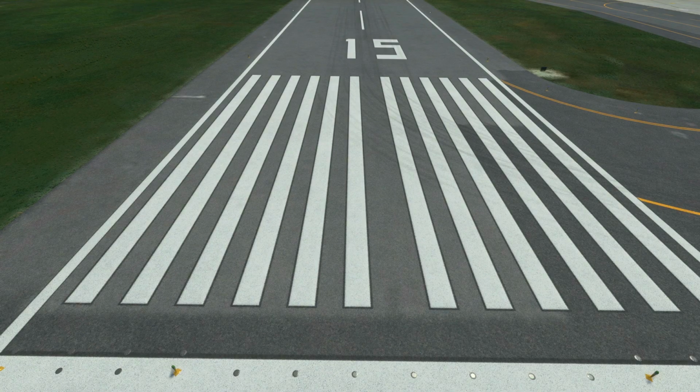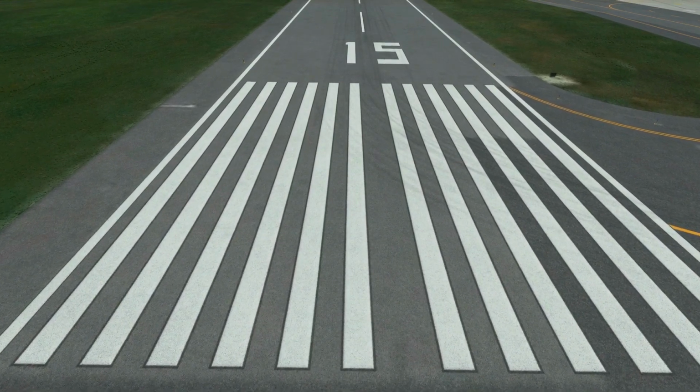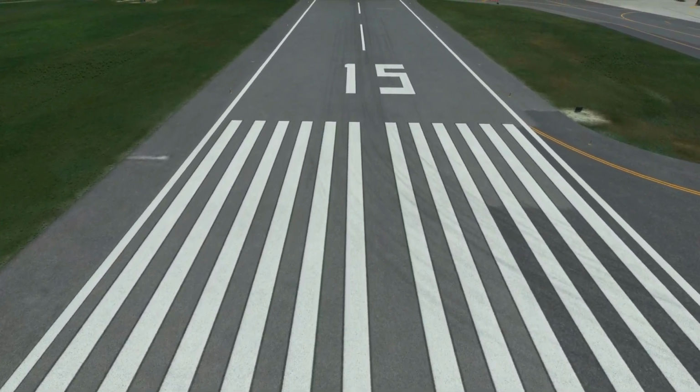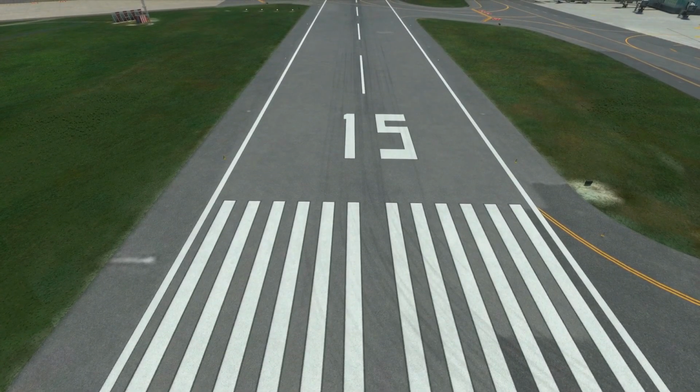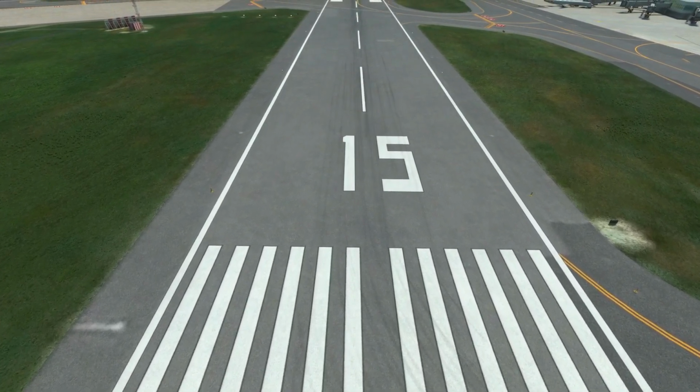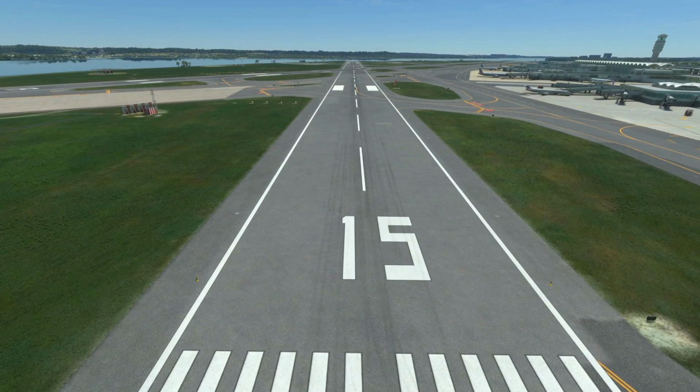Now, when we have things like parallel runways, or even say 3 runways running in the same direction beside each other, how do we know the difference when they're all labeled the same number? Well, Atlanta-Jackson is a good example of this, so let's jump there and let me show you.